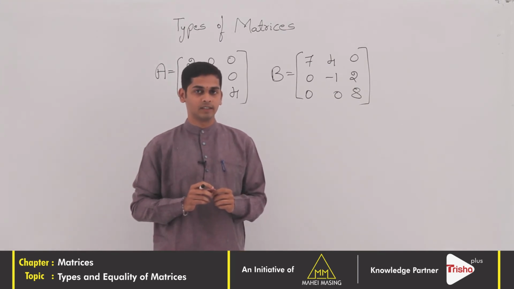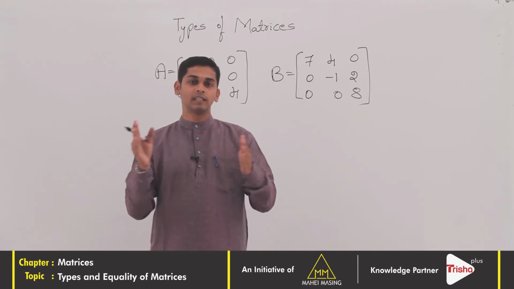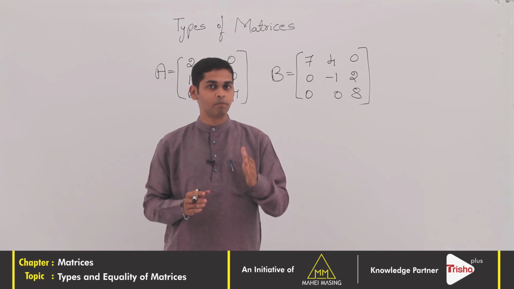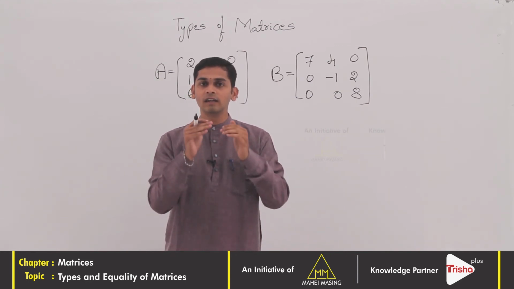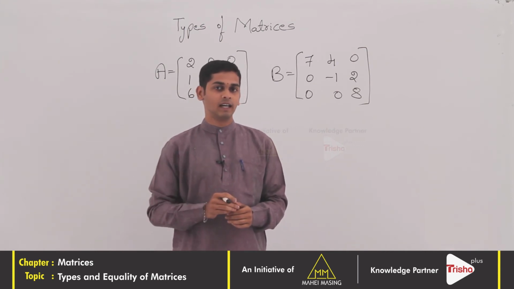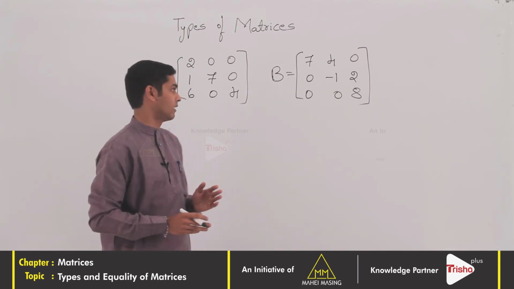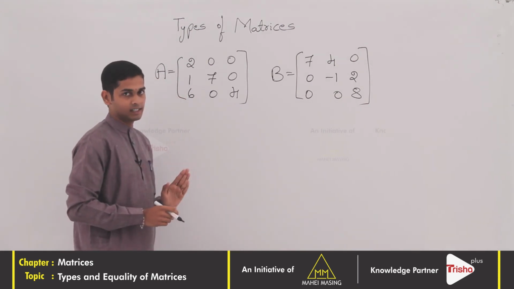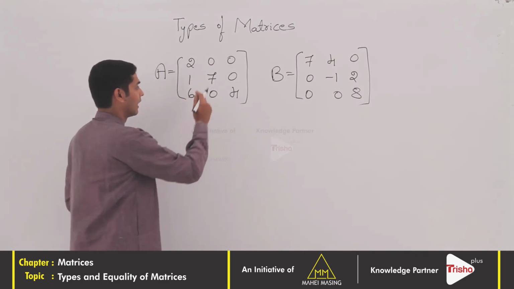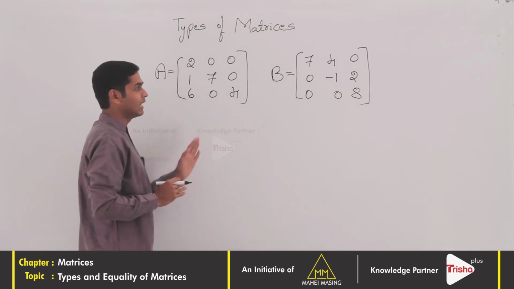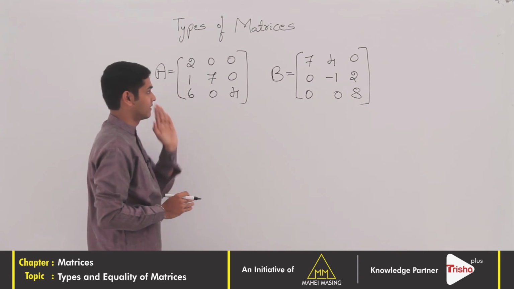In a triangular matrix there are two types. The first type is the upper triangular matrix and the second type is the lower triangular matrix. How to define an upper triangular matrix and a lower triangular matrix? A matrix in which all the elements above the principal diagonal are zeros is called a lower triangular matrix.